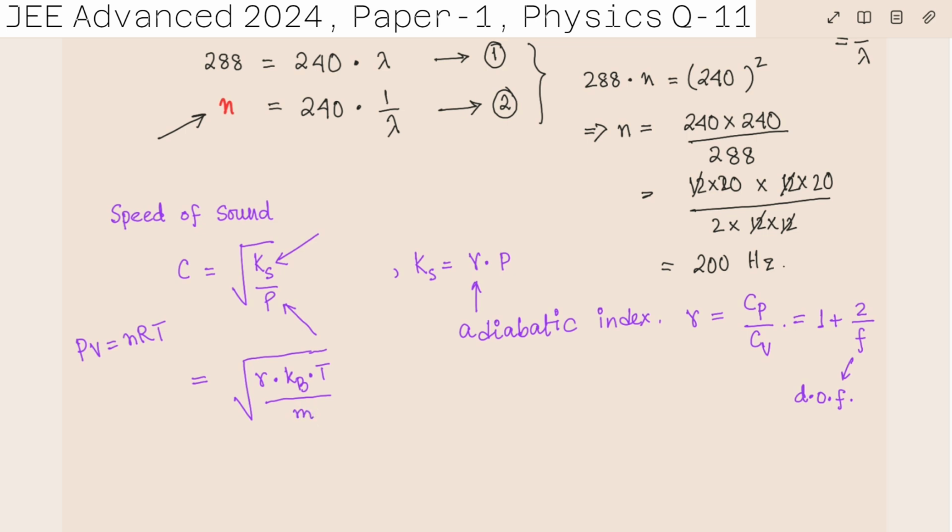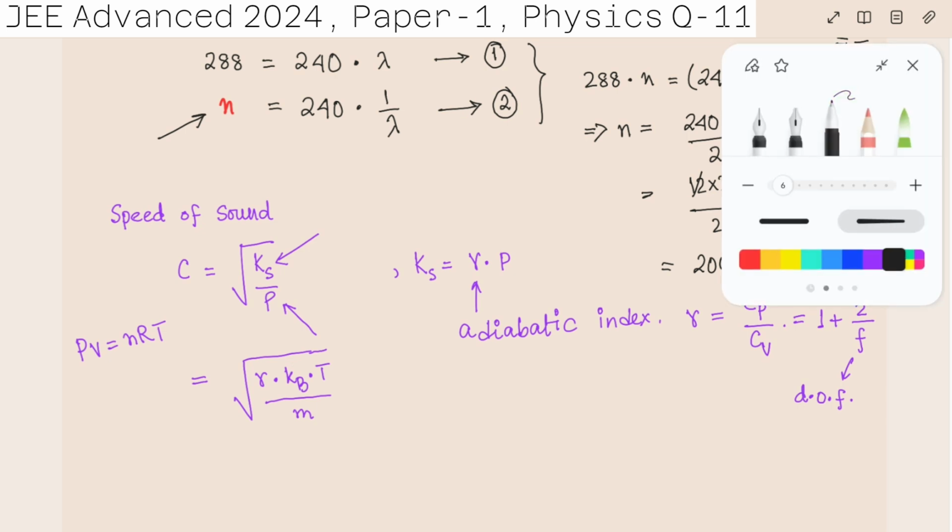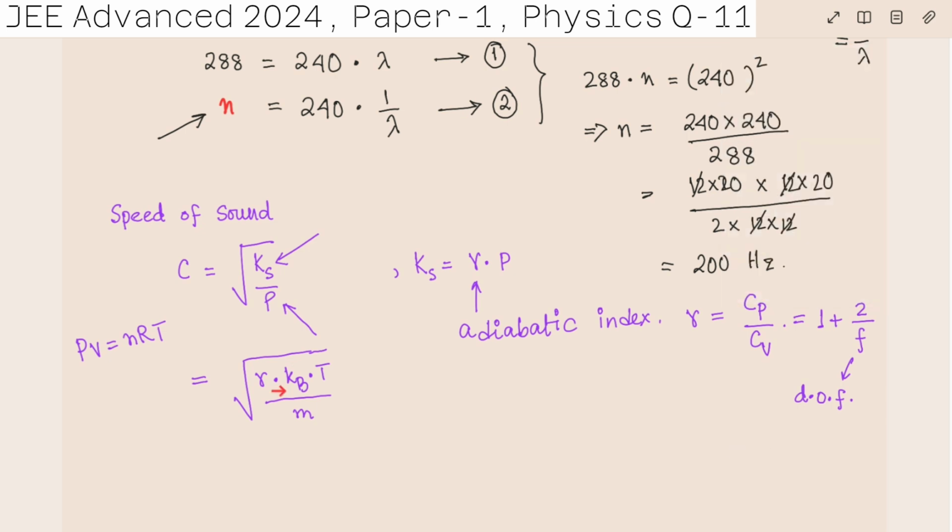So kB is the Boltzmann constant. For a given system, this kB is constant, and gamma is also constant, coming from this relation.